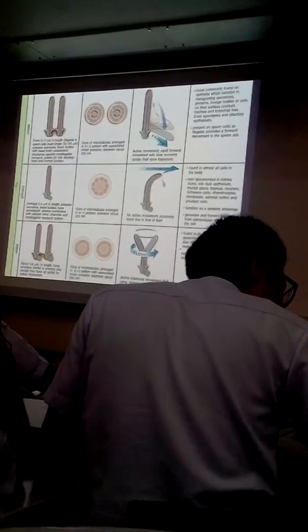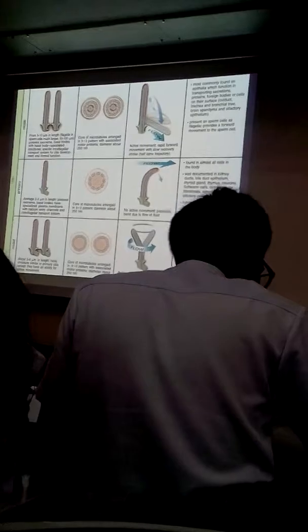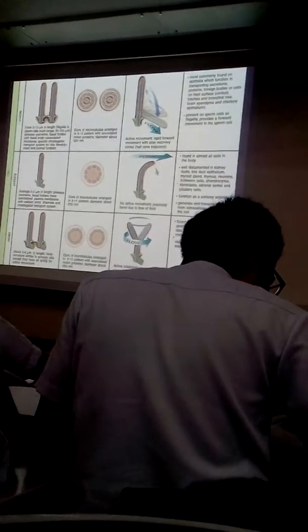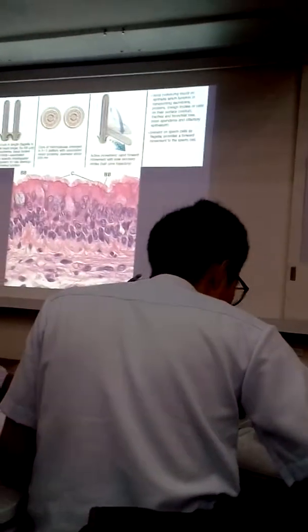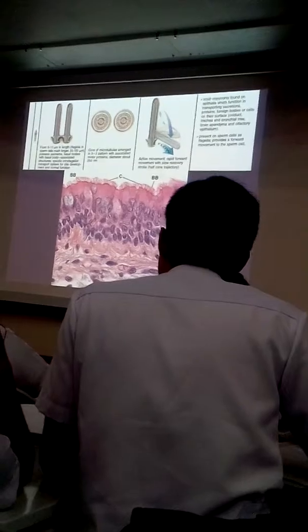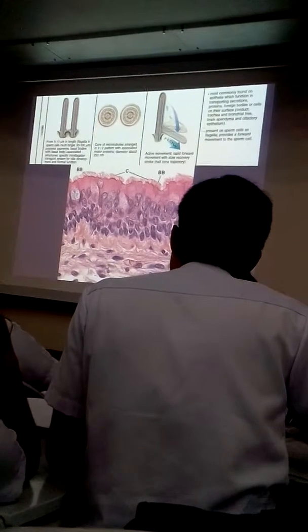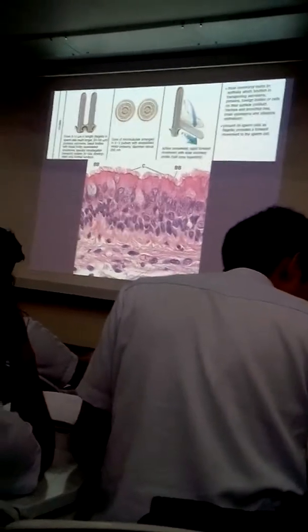And this is also an important structure, the motile cilia, so we'll give emphasis on the motile cilia. If you can see here, this is the cilia of our pseudostratified columnar epithelium of the trachea.